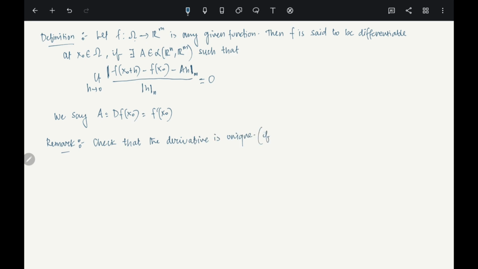And please remember that this a depends on the point x naught, okay. So if you change x naught, a is also going to change. So this is not one linear transformation for all points in omega, right. For every point you have one unique linear transformation, okay.